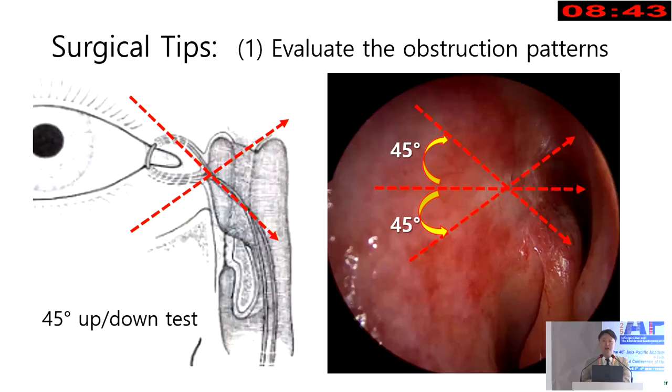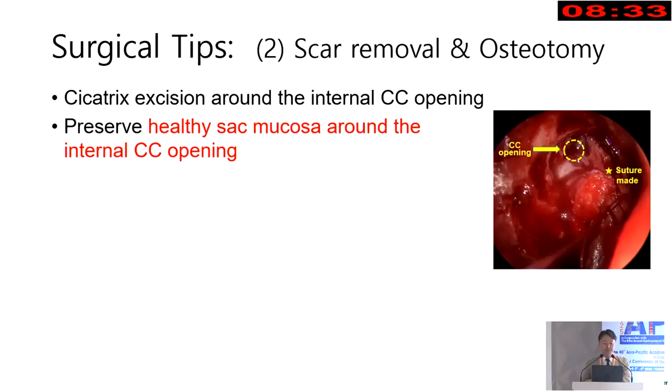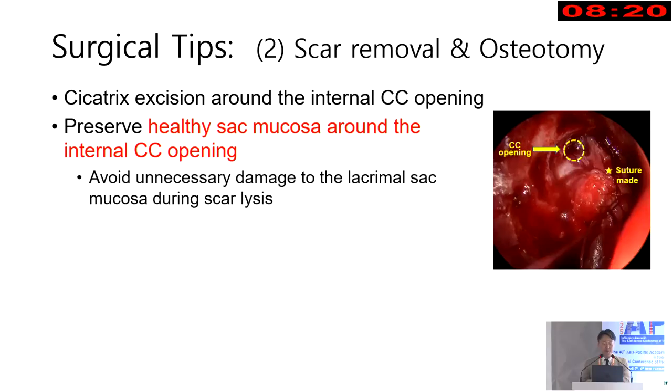When you encounter bone obstruction, you have to do more osteotomy. When you encounter soft tissue obstruction, the ostium scarring should be removed. The cicatrix should be excised around the internal common canalicular opening while preserving healthy sac mucosa around the CC opening.